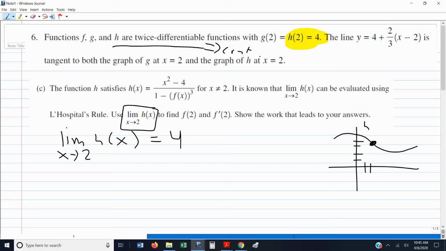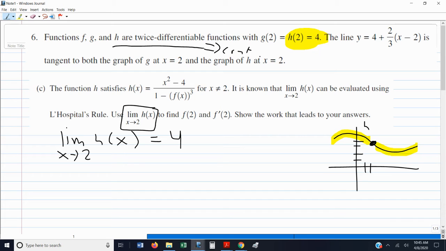And you could see that in the visual. Because h is continuous, the output at 2 is 4, but also the limit as you come from the left towards 2 and the right towards 2, you're approaching a y value of 4 as well.